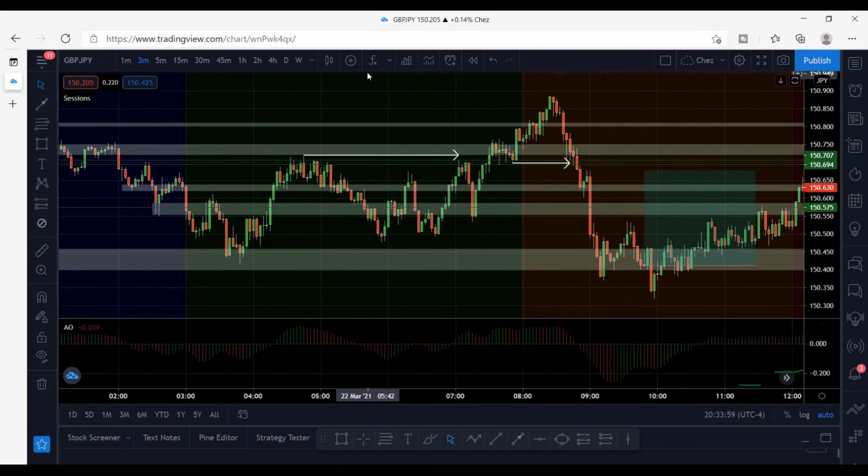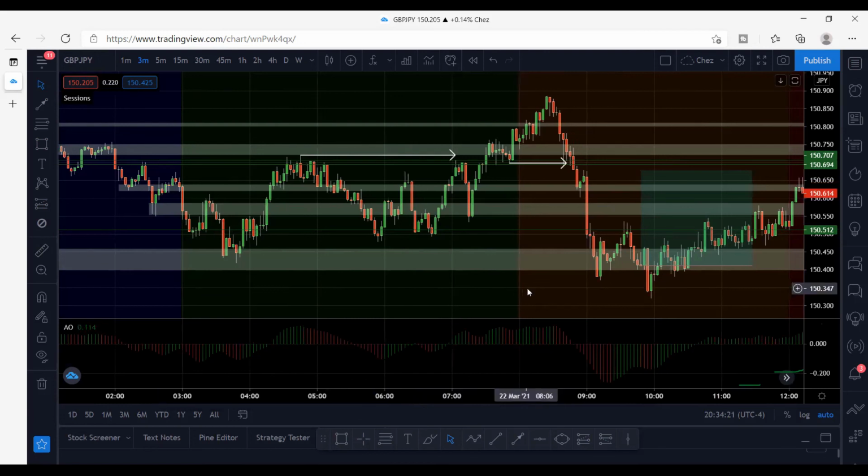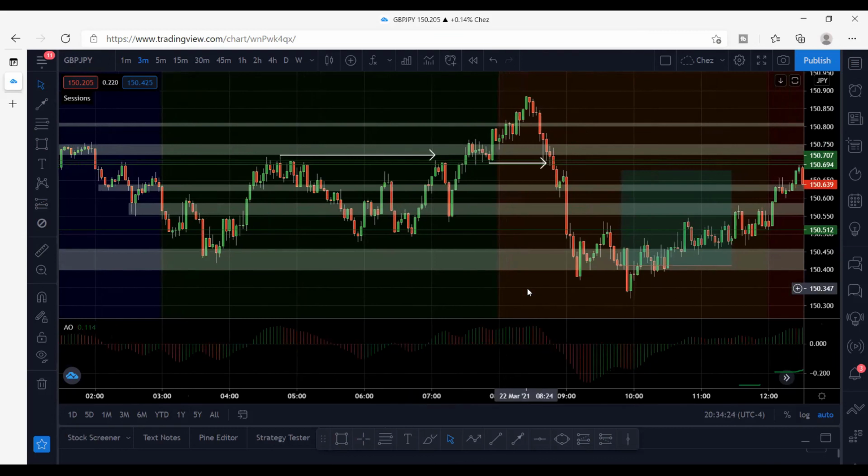Okay. Nice. Let's trail our stops. So this is our stop. We're going to trail our stop right now, maybe right here, so we can keep as much as we possibly can. Okay. We're trailing it at this swing low right here again.